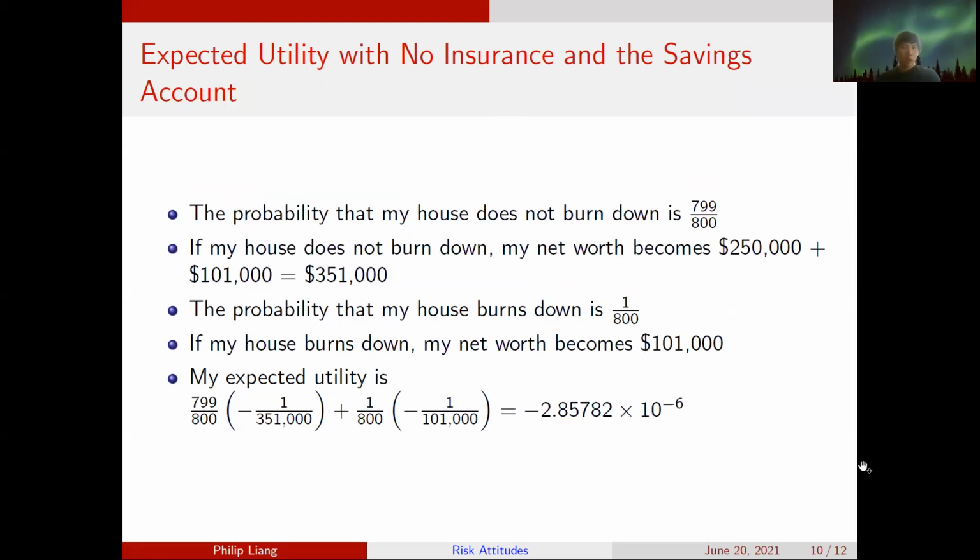And if I have no insurance and deposit my money in the savings account, then the probability that my house does not burn down is 799/800. And if my house does not burn down, I have my house plus my savings account, which is going to be worth $351,000 in total. And there's a 1 in 800 chance my house burns down, and then I only have my savings account, which gives me an expected utility of negative 2.85782 times 10 to the minus 6.